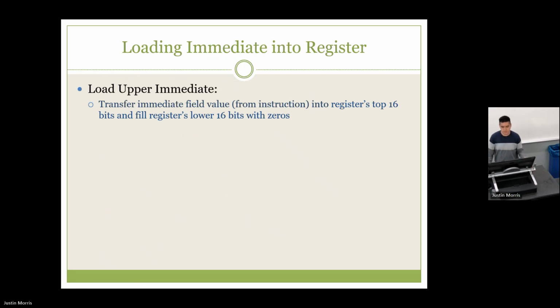All right. So we also have this instruction for loading the upper immediate. It's because we only have a 16-bit immediate value, right? So if we want to load a full register's worth of immediate values, we need to have this load upper immediate to fill the top 16 bits.